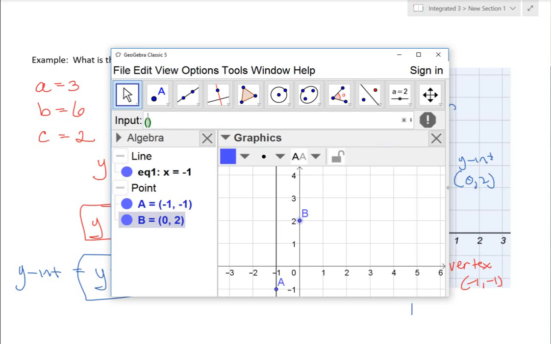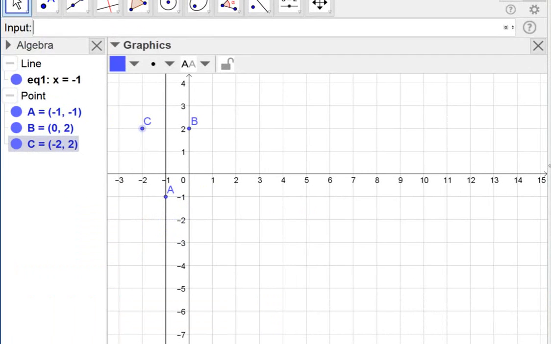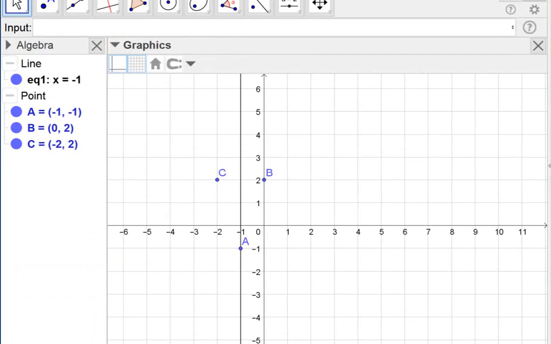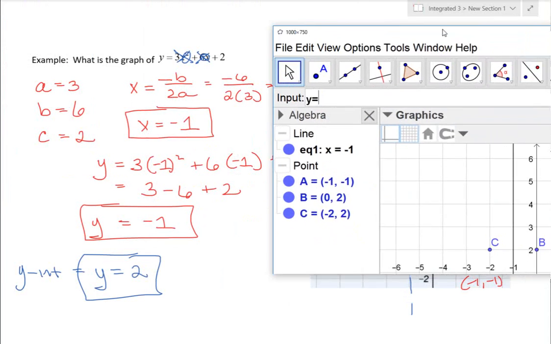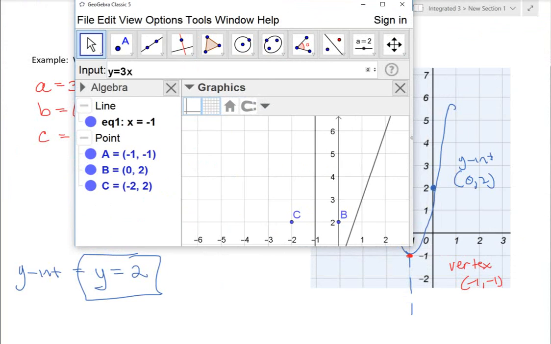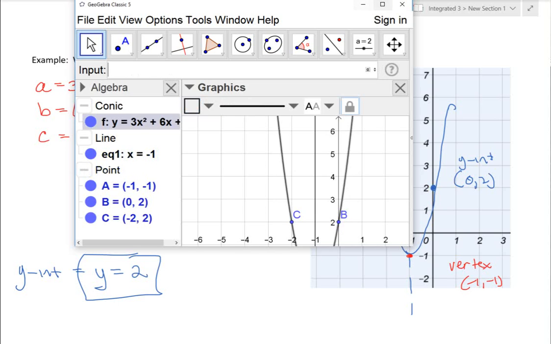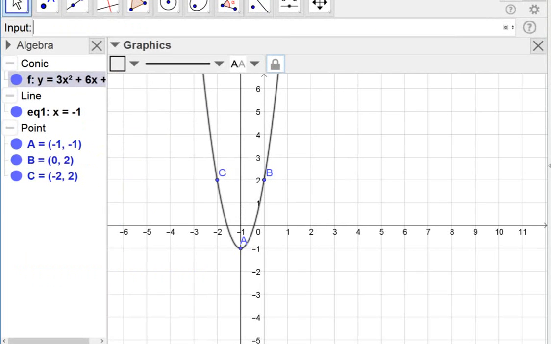We said we should also have the point negative 2, 2, puts that in. So that's exactly what we did by hand, right? And then if I actually type in y equals, what was the equation? 3x squared plus 6x plus 2, does that put that graph through all three of those points?